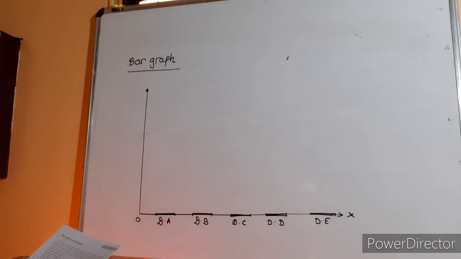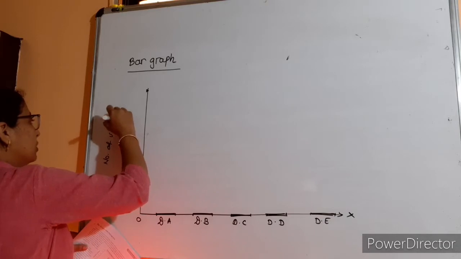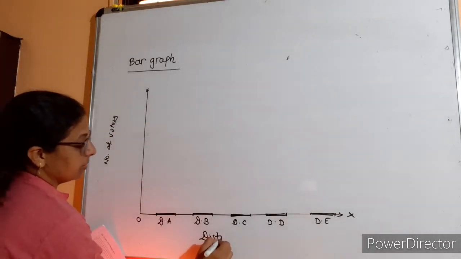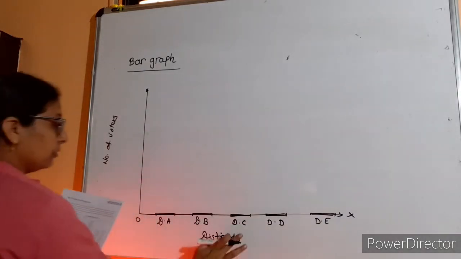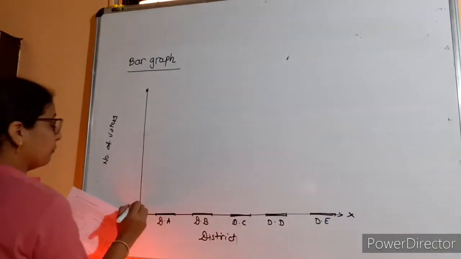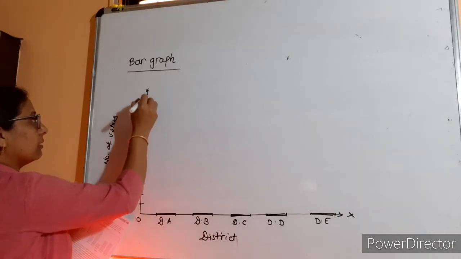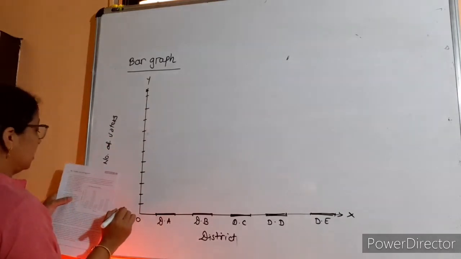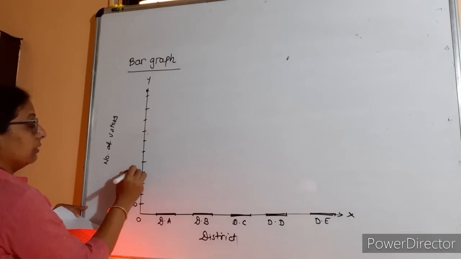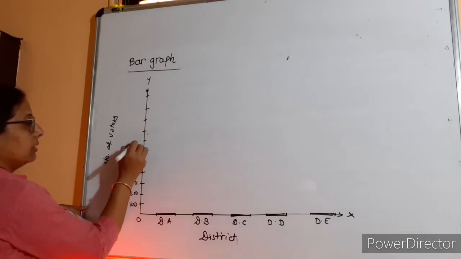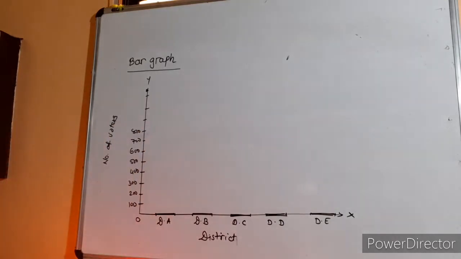Here is number of voters. Number of voters. This is districts is given. Now, here the votes 100. These are the graph point on y-axis. Here is 100, 200, 300, 400, 500, 600, 700 and 800. These are the points given.